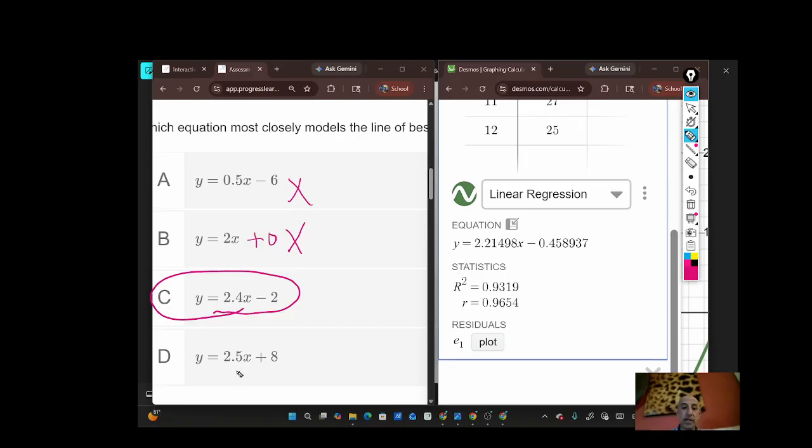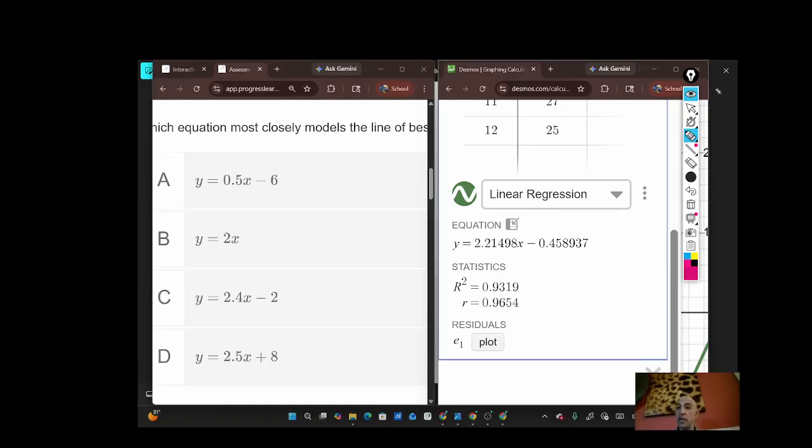And the last one is 2.5. It's near to 2.2, but look at the y-intercept. The y-intercept is plus 5, but here the y-intercept is negative. In C, you can see the y-intercept is negative and here is negative, and the numbers are so close. So I am very comfortable choosing the answer C.